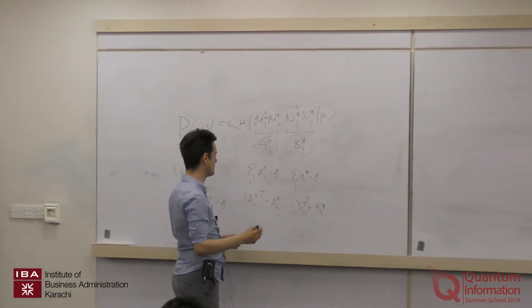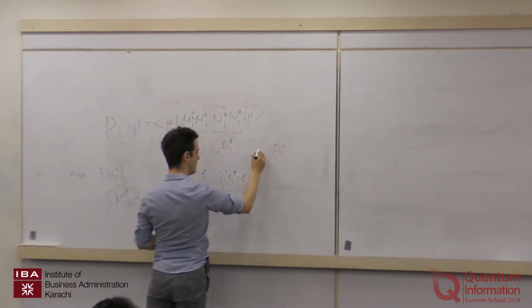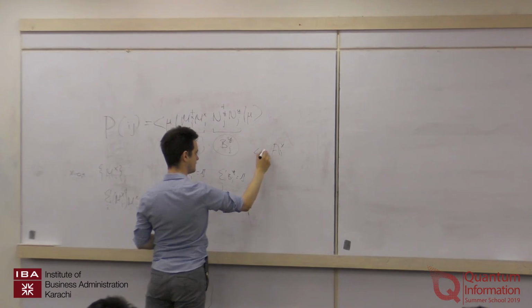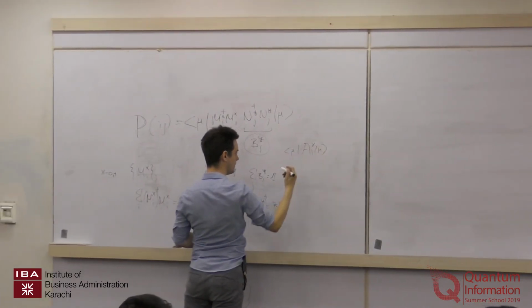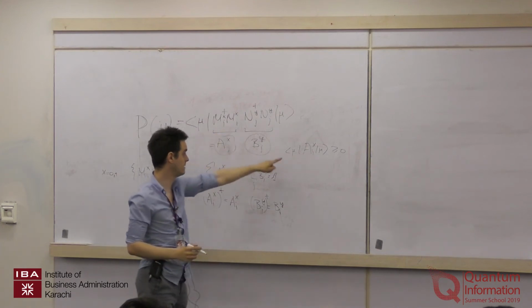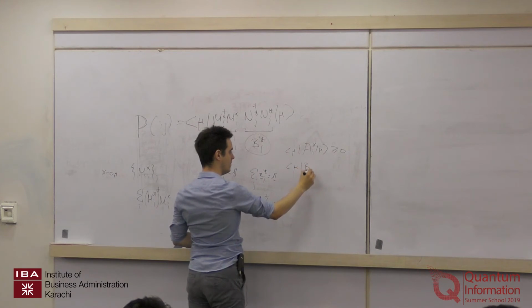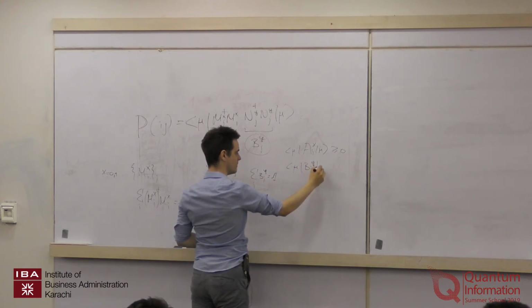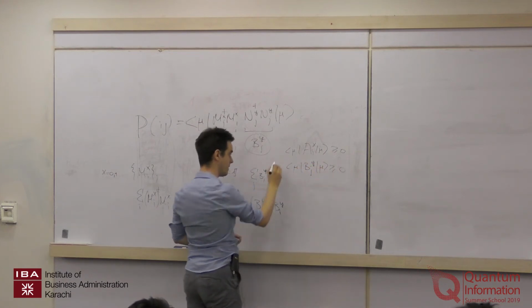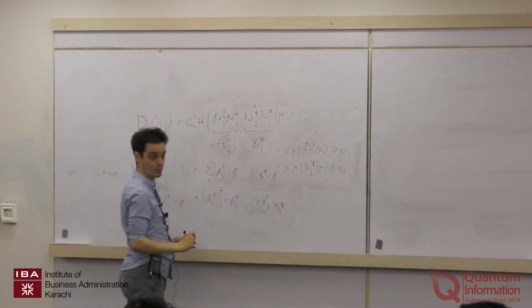And of course, another condition that I have is that those operators, whatever state I put in, because they come from a product like this, will be non-negative. And the same for Bob, the measurement on the other system. So these are more conditions.